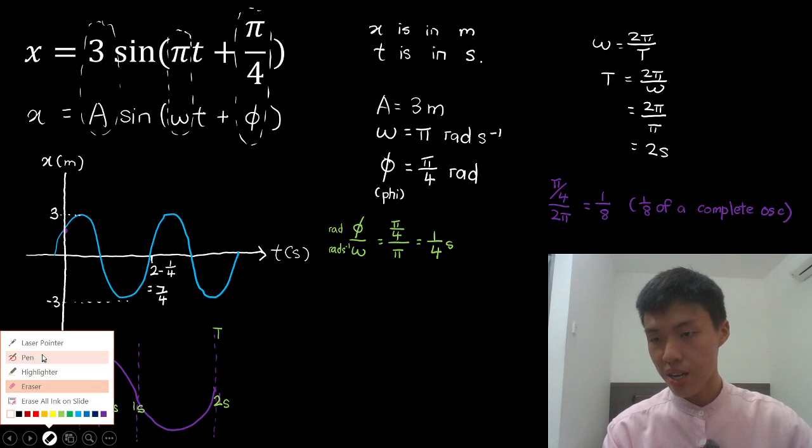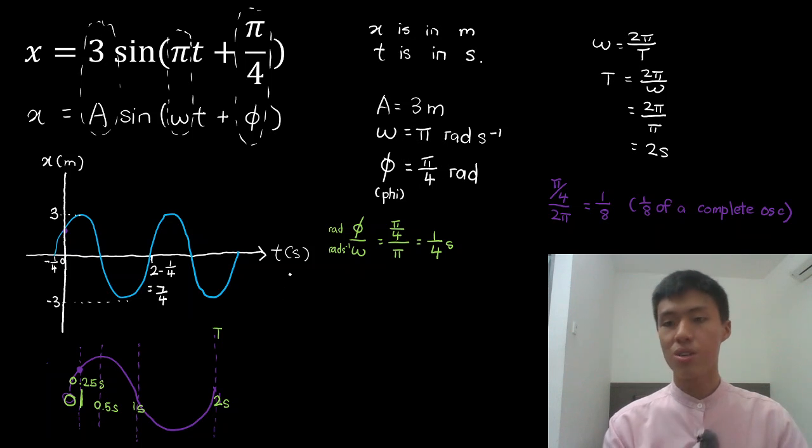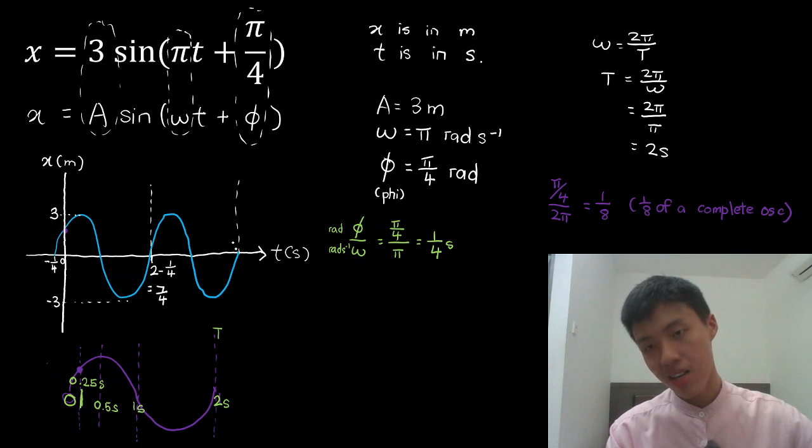So I can label this as negative 1/4. Then I label here as 0. If you want to be even more clear, you can do something like this. Then you can say this is the period which equals 2 seconds.